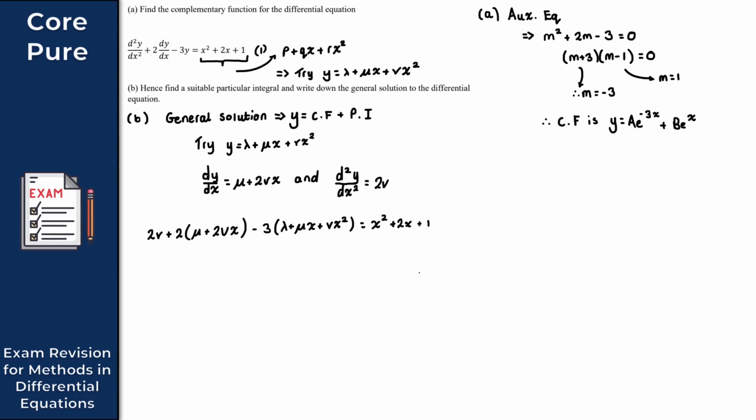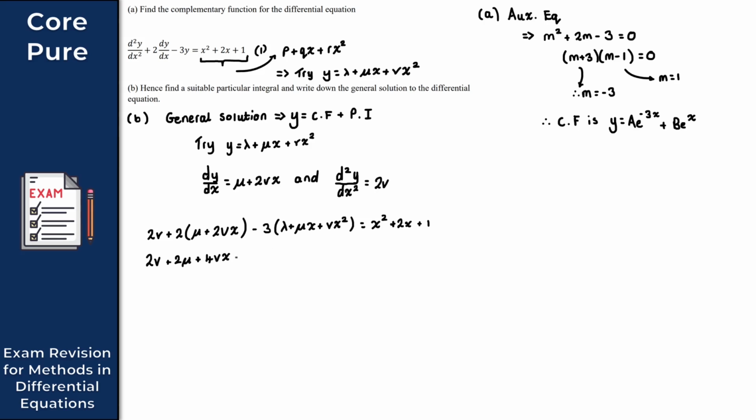So let's just take our time here. We don't want to make any silly mistakes as we go. So let's start by expanding the left-hand side and simplifying if we can. We've got 2 nu there. I've then got 2 times mu, so that's 2 mu. 2 times 2 nu x, so that's 4 nu x there, like so.